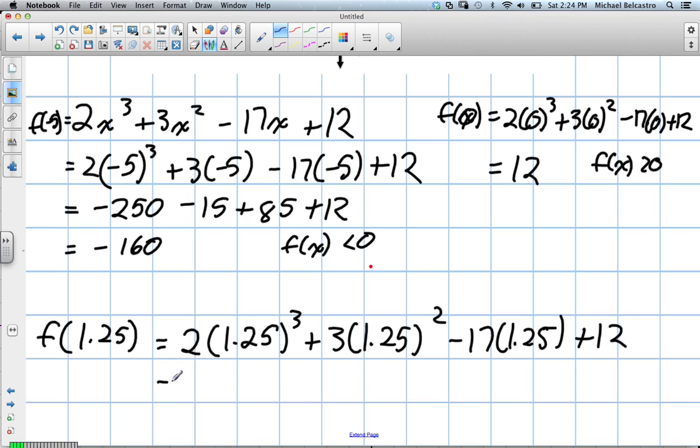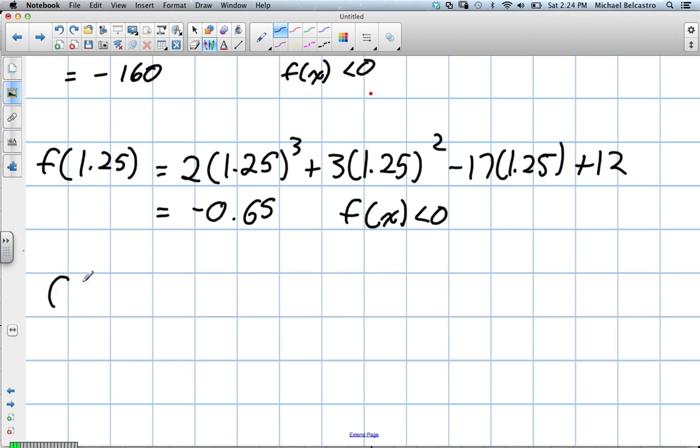Okay? I'm just going to put it all together. Sure, yeah, do it all in one step. That'll be much easier for us. Negative, do you want decimal? Yeah, that's fine. Decimal. -0.65. Okay, we know it's negative. Important thing here is that f at x is less than 0 at this interval.